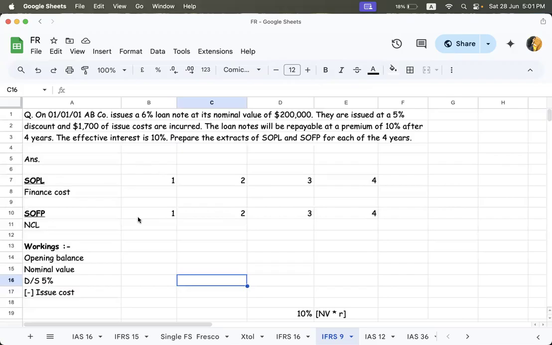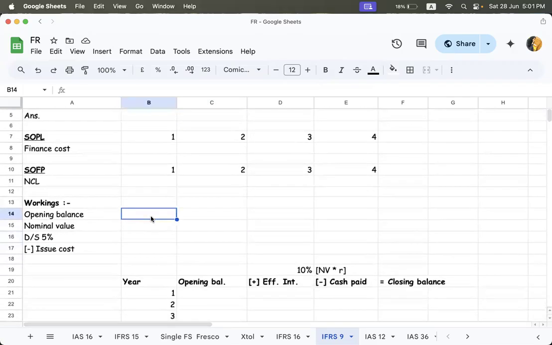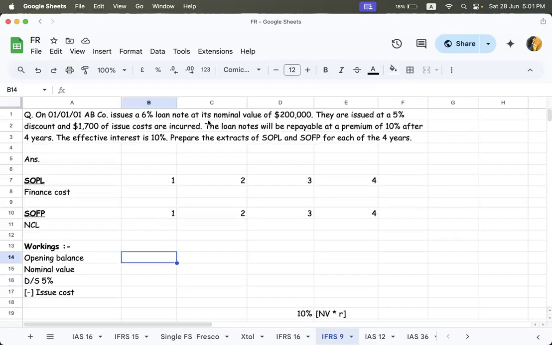What we are going to do is first, it is a loan note that is being purchased, right? So how do you measure it? It is taken for 4 years. They have already told you. So the opening balance is going to be 200,000.